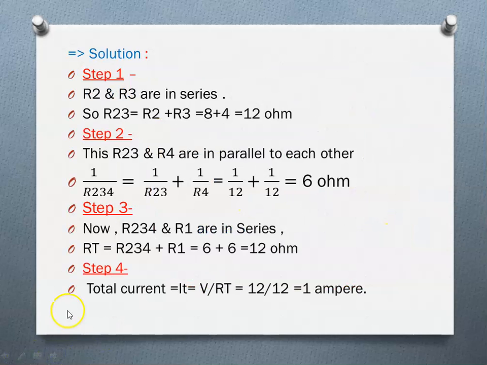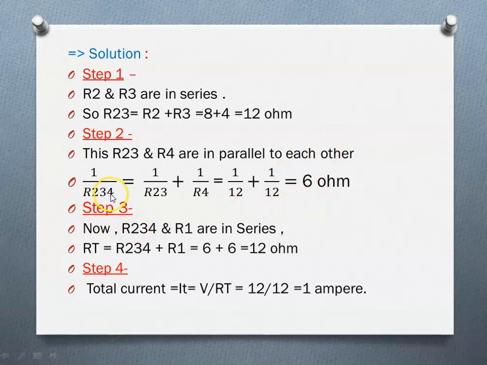When resistances are connected in parallel, we calculate with this formula: 1 upon R234 equals 1 upon R23, which is the first resistance, plus 1 upon R4, which is the second resistance in parallel. R23 is calculated as 12 ohm and R4 is given as 12 ohm. So 1 upon 12 plus 1 upon 12 gives R234 as 6 ohm.